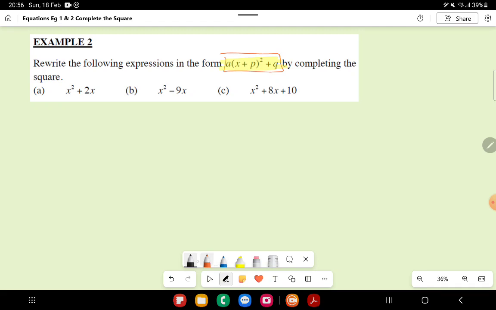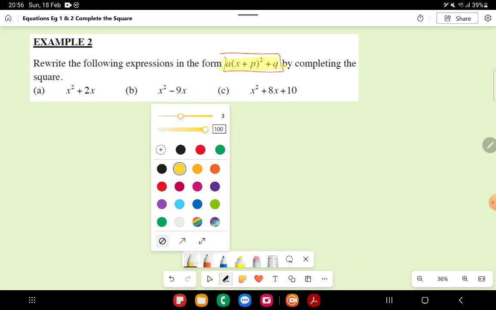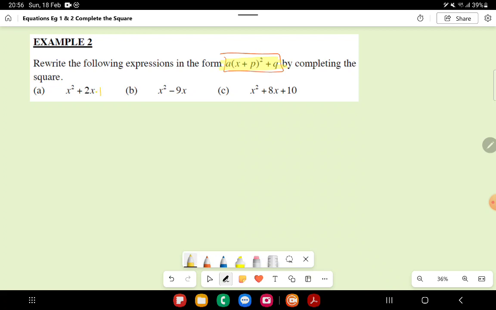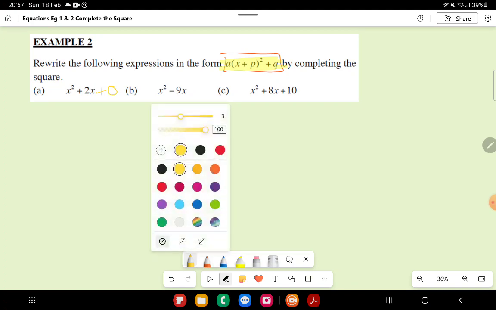If I look at my first question, it has a missing number. In this one, c's value is actually 0. Do you agree with that? Okay, so in order for us to complete the square, let's actually get to it.